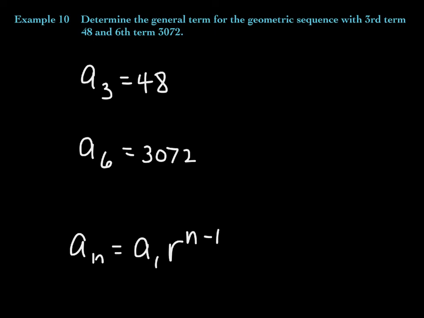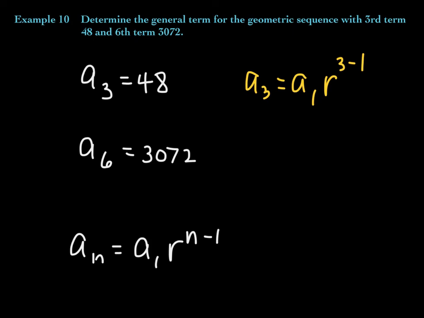So I can use that pattern to say that the third term being 48 means a sub 3 is equal to a sub 1 times a common ratio of 3 minus 1. Did you catch that right there? They said the third term is 48. When they give me a subscript of 3, that means n is 3. So I'm plugging in 3 for n right here in the general term. That's what I did. Okay, I can do the same thing for the next one.